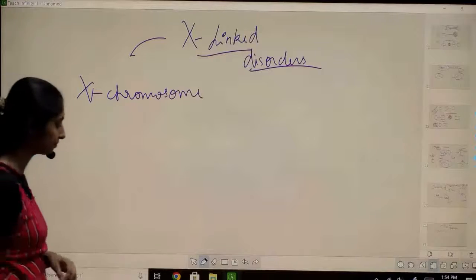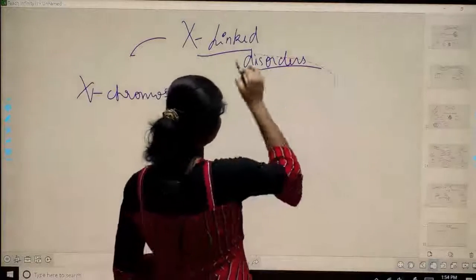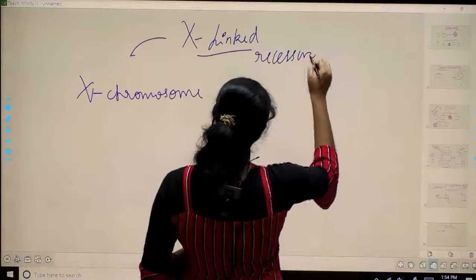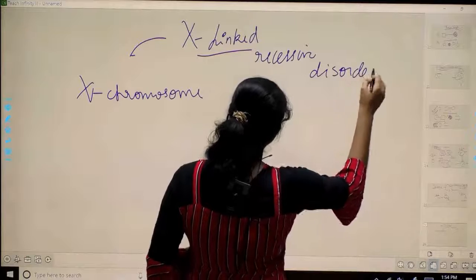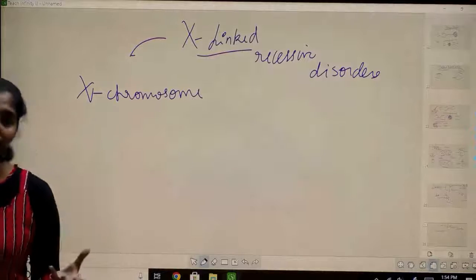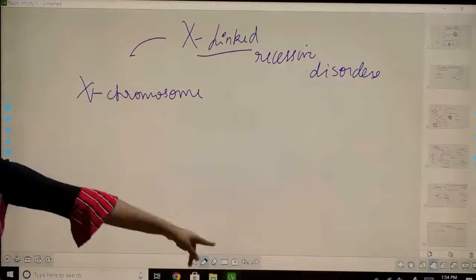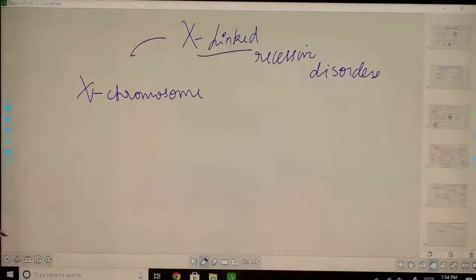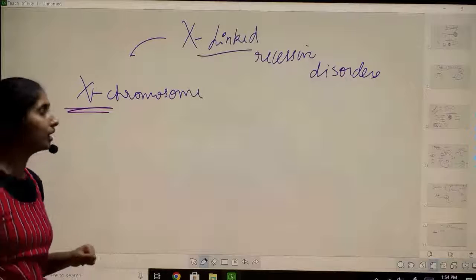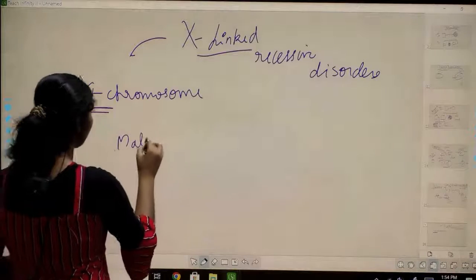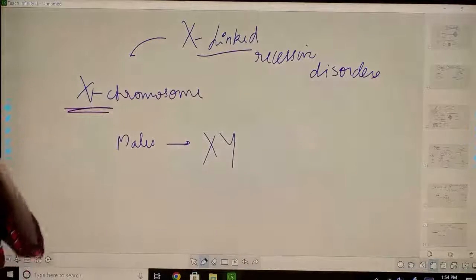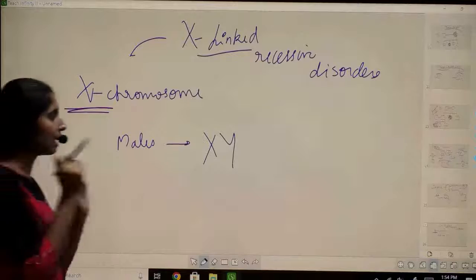The ones that we have to learn in your NCERT are X-linked recessive disorders. In autosomal disorders, males and females are equally affected, whereas in X-linked disorders there is a difference. Females have 2 X chromosomes, whereas males have only 1 X chromosome; the other one is a Y chromosome. So with respect to X chromosomes, males are hemizygous.